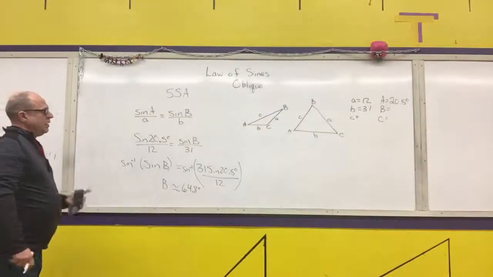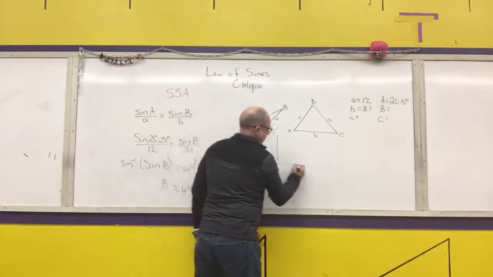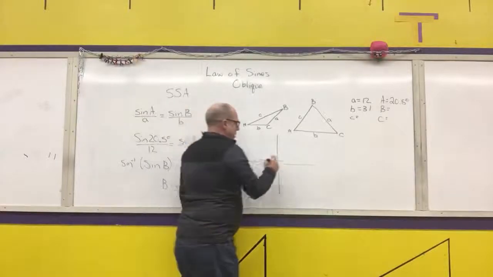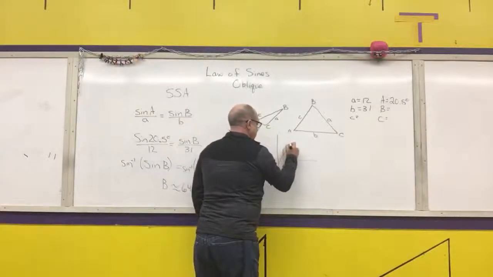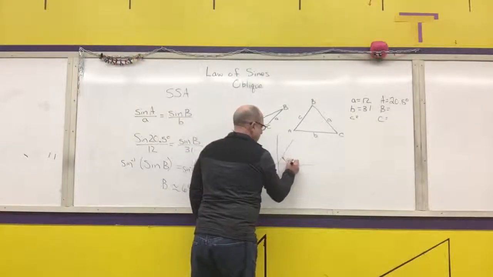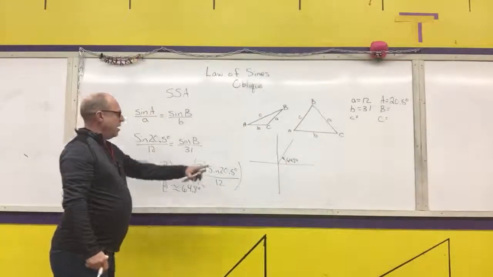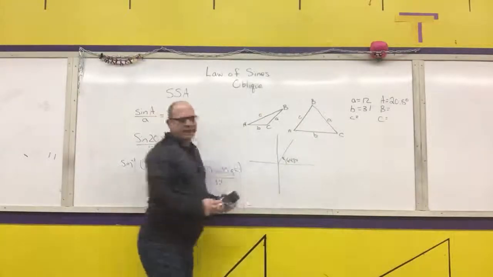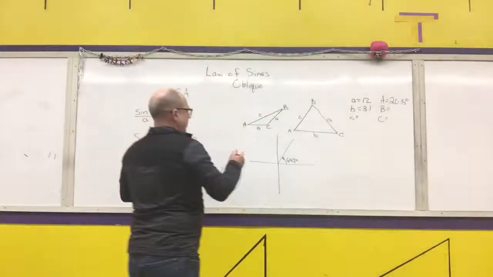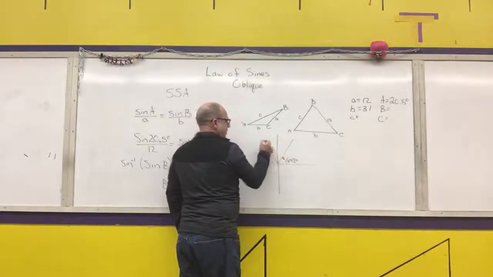Now here's one thing I want you to realize. If I draw my coordinate plane like it's on a unit circle, 64.8 degrees, something like this. And I know that there is another angle that has the exact same sine as 64.8 degrees, and that would be the one that's in quadrant 2 right here.